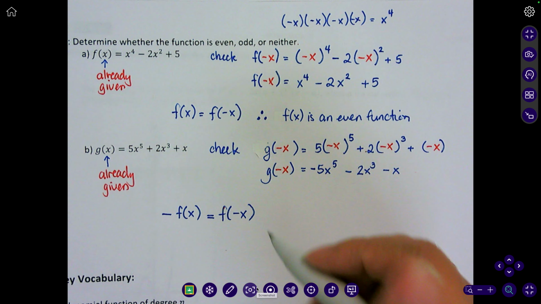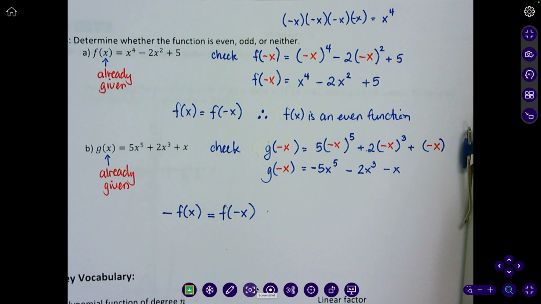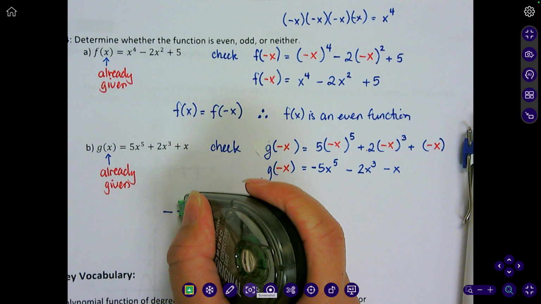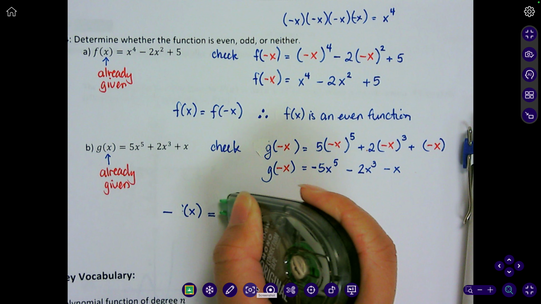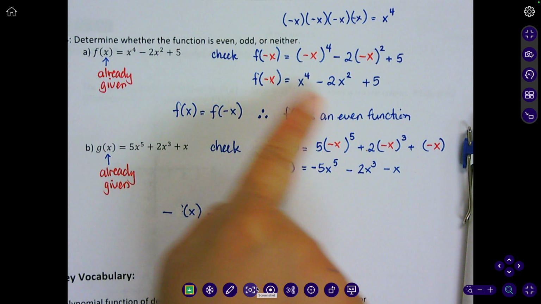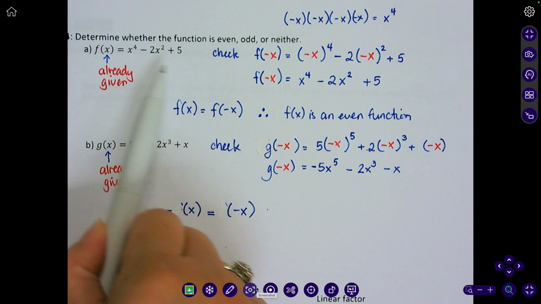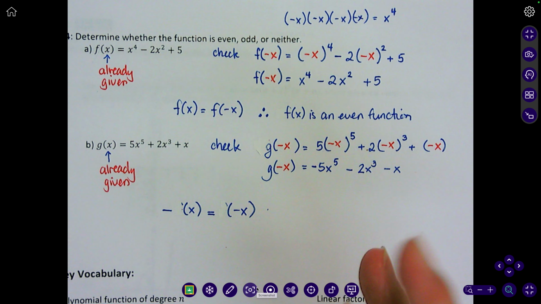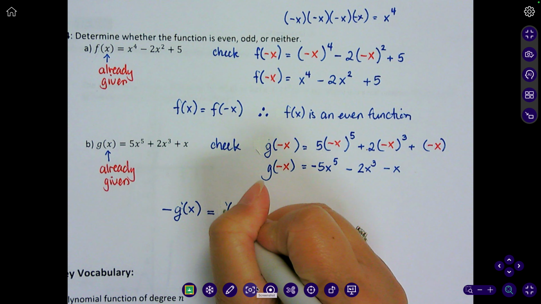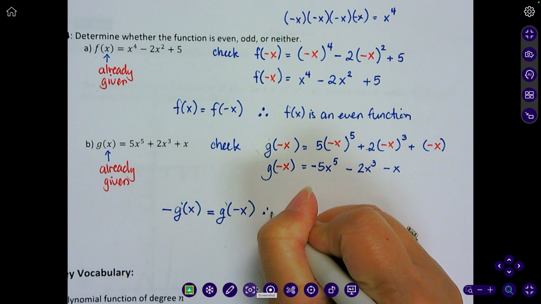That's how you know that they are odd functions. Oh, this is g. Let's change this to g, my bad. How do you know if they're even? They're exactly the same. See? X to the fourth, x to the fourth. X squared, negative x squared, negative x squared. 5 and 5. So this is odd.